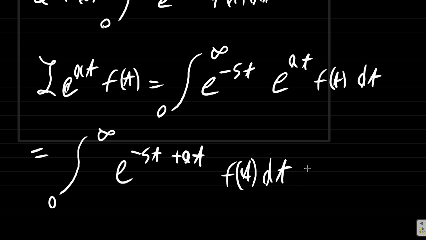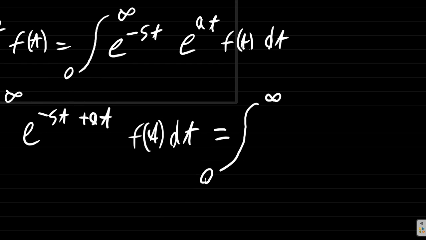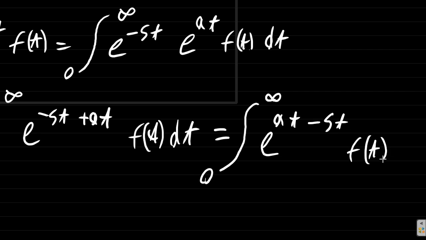Now this itself is equal to the integral from 0 to infinity of, let's put the at before the negative st, e to the at minus st f of t dt.